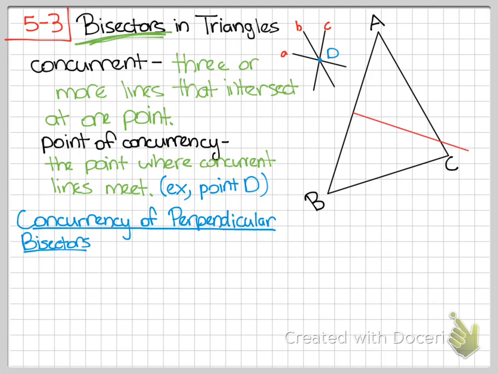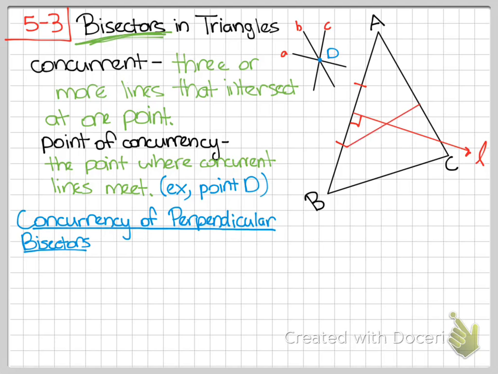I'm going to say that its perpendicular bisector is about right there. We'll call that line L. Line L is the perpendicular bisector of side AB. It's pretty close.